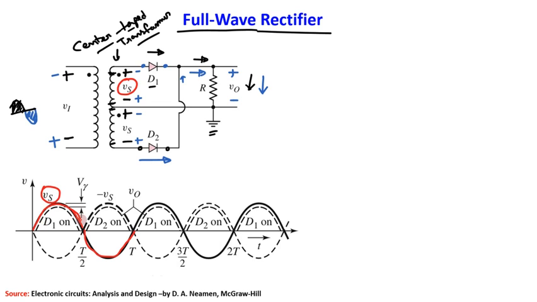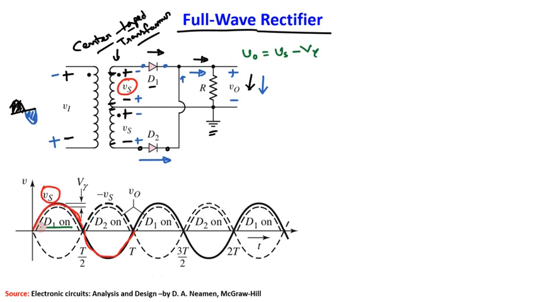So if this Vs is like this, then during the positive half cycle, we can see this D1 is on, right? And the circuit path is like this. So what will be the output voltage V0? Output voltage V0 will basically be Vs minus V gamma drop across this diode, because this diode is now in forward bias, follow this black one, right?